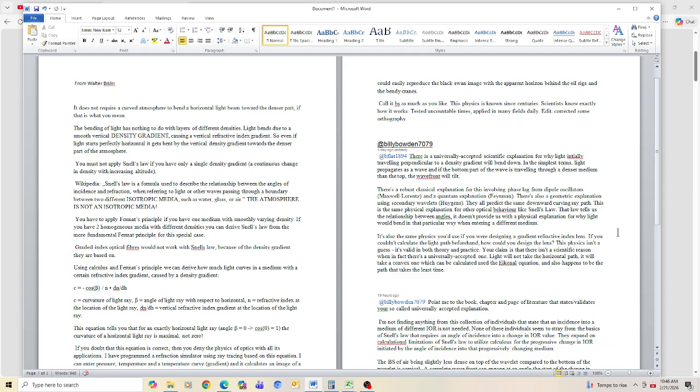So now we get into another individual, Billy Bowden, 7079. "There's a universally accepted scientific explanation for why light initially traveling perpendicular to a density gradient will bend down. In the simplest term, light propagates as a wave, and if the bottom part of the wave is traveling through a denser medium, then the wavefront will tilt."